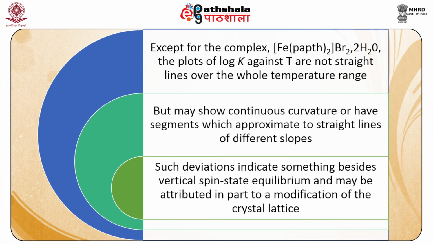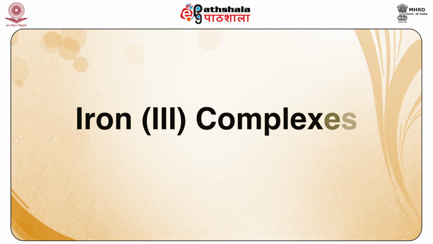Except for the bromide complex, the plots of log K against T are not straight lines over the whole temperature range, but may show continuous curvature or have segments approximating straight lines of different slopes. Such deviations indicate something besides vertical spin state equilibrium and may be attributed in part to a modification of the crystal lattice.